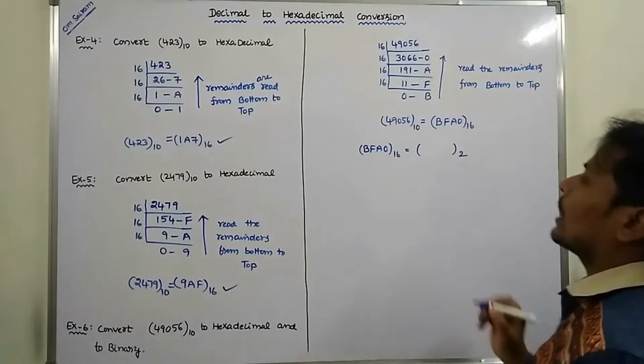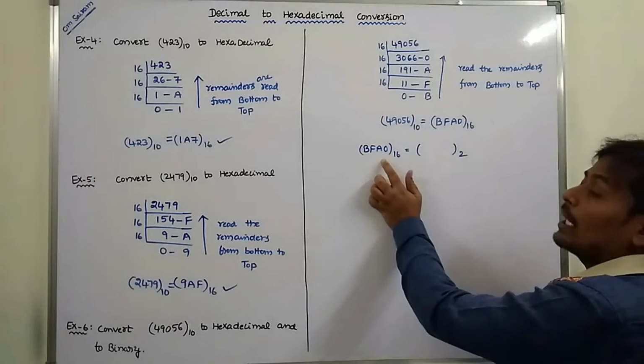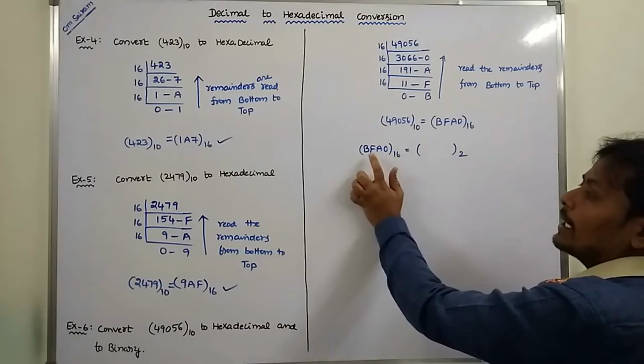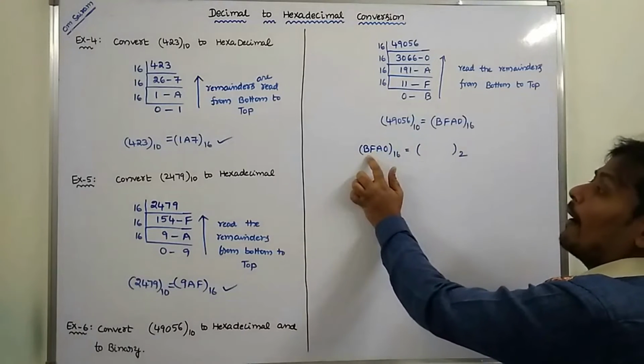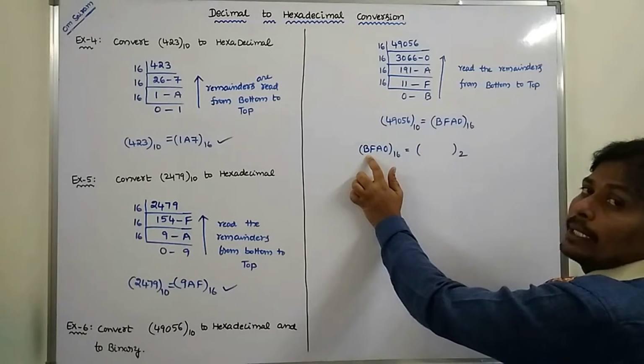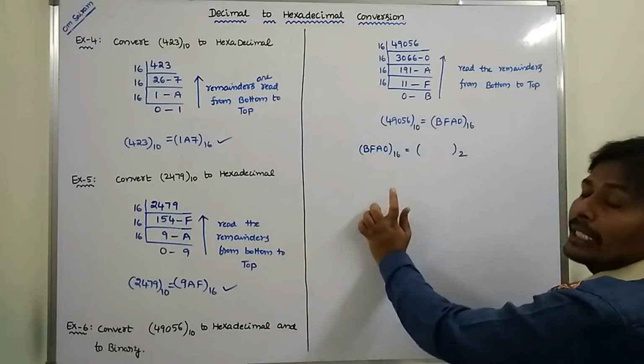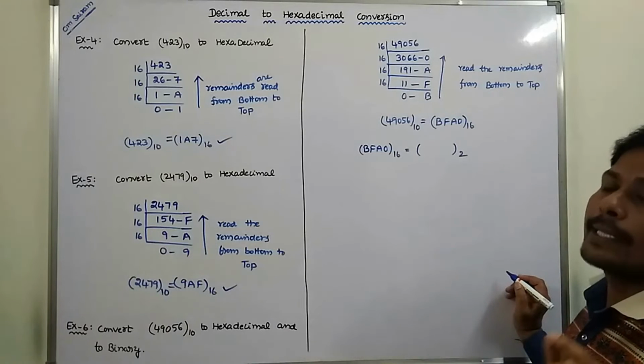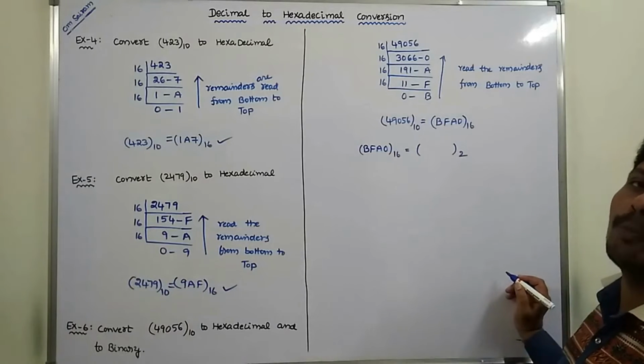Okay. To convert this hexadecimal number into binary, each and every digit in the hexadecimal number is converted into a 4-bit binary group, because 16 can be written as 2 power 4.